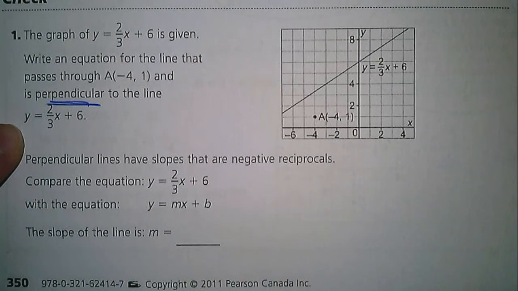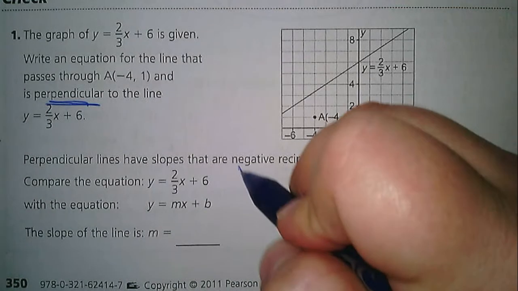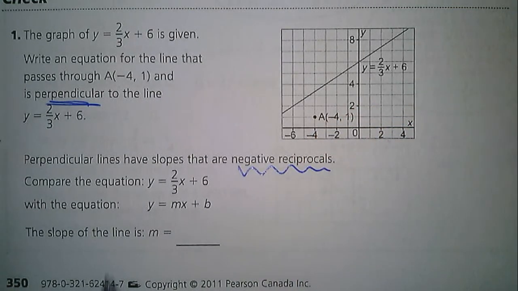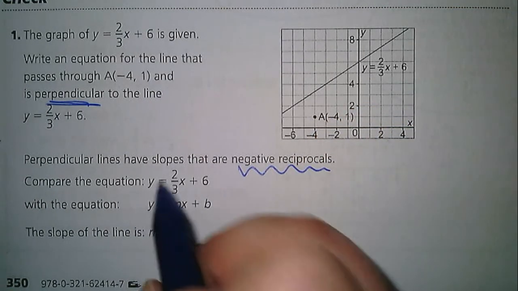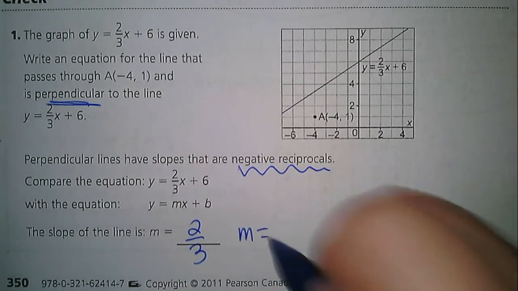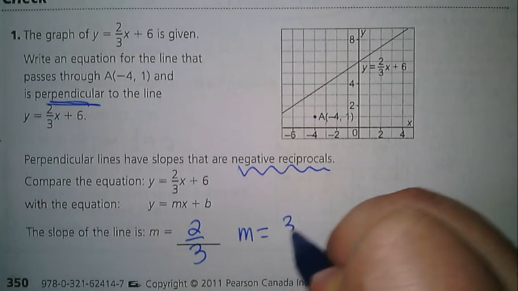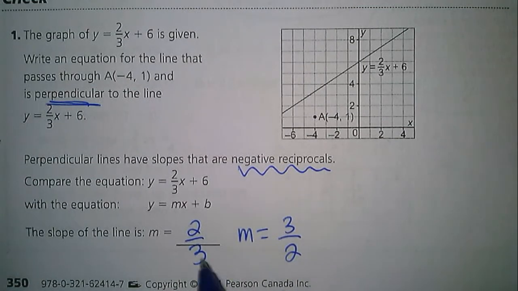So if you remember from a couple lessons ago, so last week, perpendicular lines have slopes that are negative reciprocals. So if the slope of our line in this form is 2/3, what is the negative reciprocal of 2/3? Well, flip it. Flip it makes the reciprocal. And if this was a positive, that means this is a negative. So the slope of this new line is going to be -3/2.